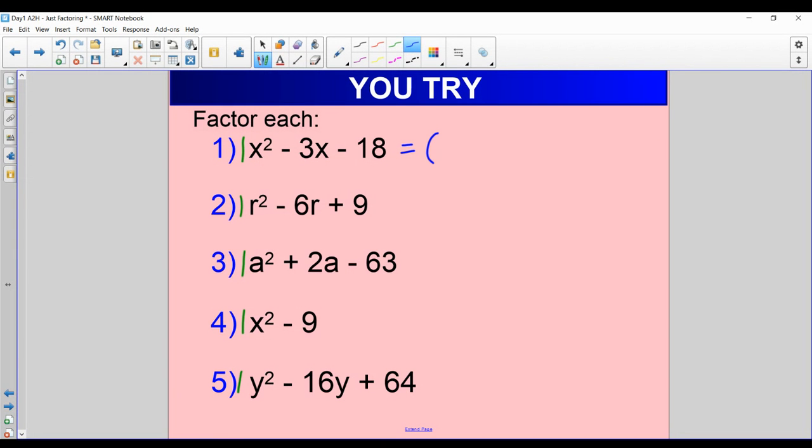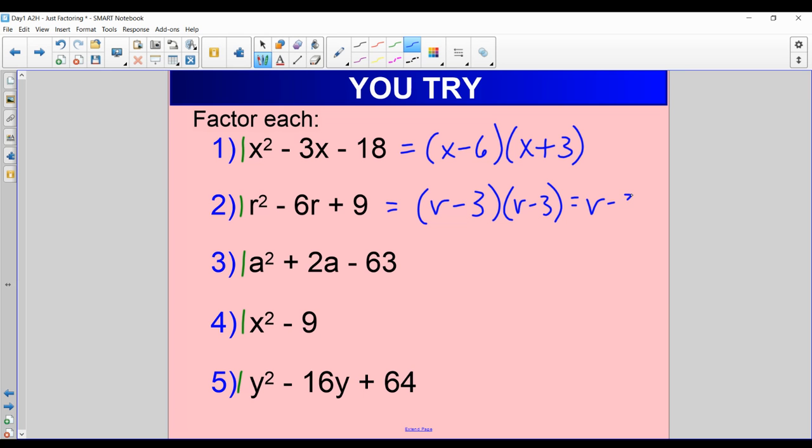So here we have x minus 6, x plus 3. Here we have r minus 3, r minus 3. So you could have said r minus 3 squared. Here we have a plus 9, a minus 7.